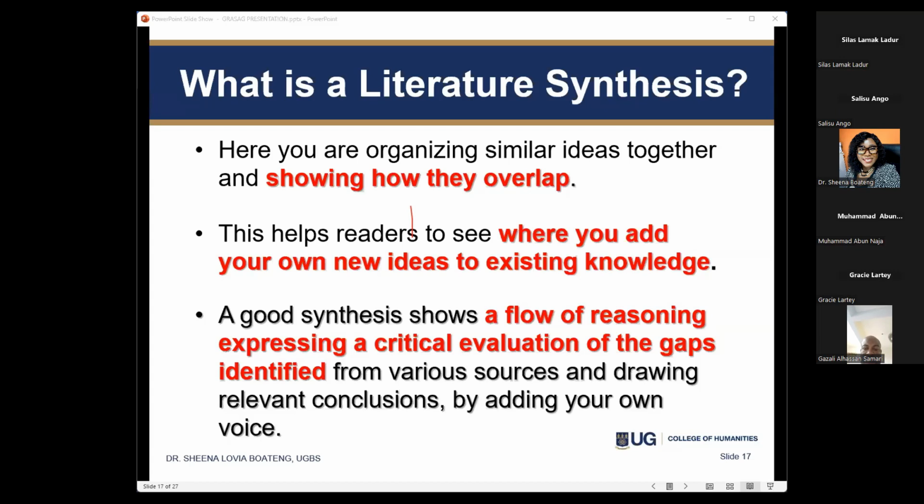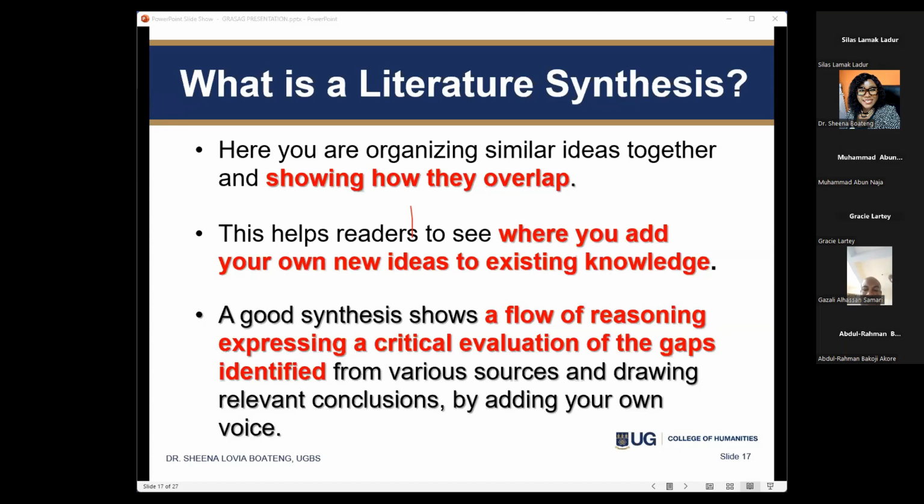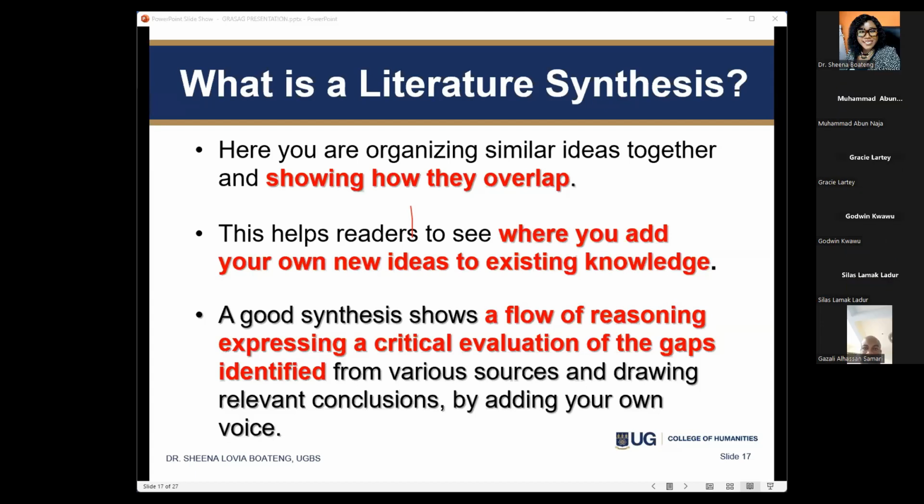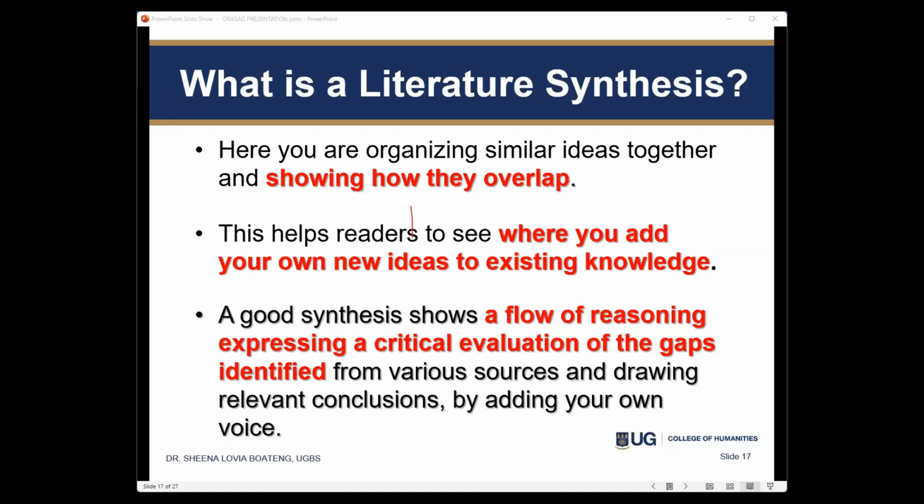Silas, what's the third one? Methodological gap. Methodological gap. So usually strong problem statements that are identifying strong gaps will usually give us a strong issue and theoretical gap, or a strong issue, theoretical and methodological gap, or a strong issue, theoretical and contextual gap, or any combination of these 4, right?